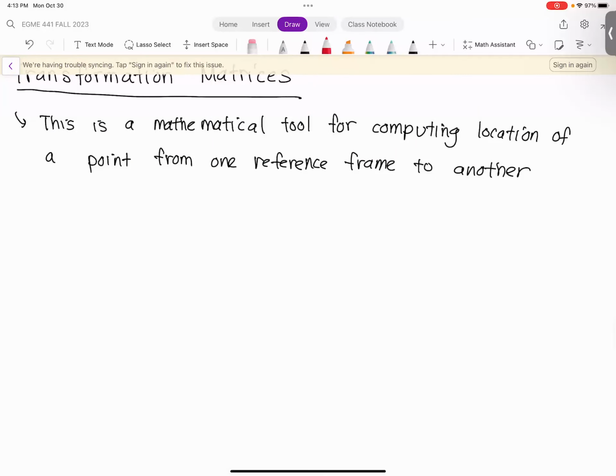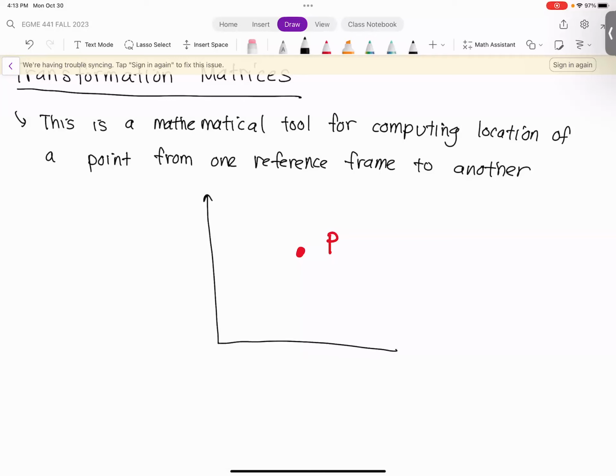So let's say that we have a single point, which we'll call a point P. If we were to describe the position of this point relative to some standard coordinate axes, X and Y, we would say that the position of that point is given by its X value and Y value, so XP and YP.